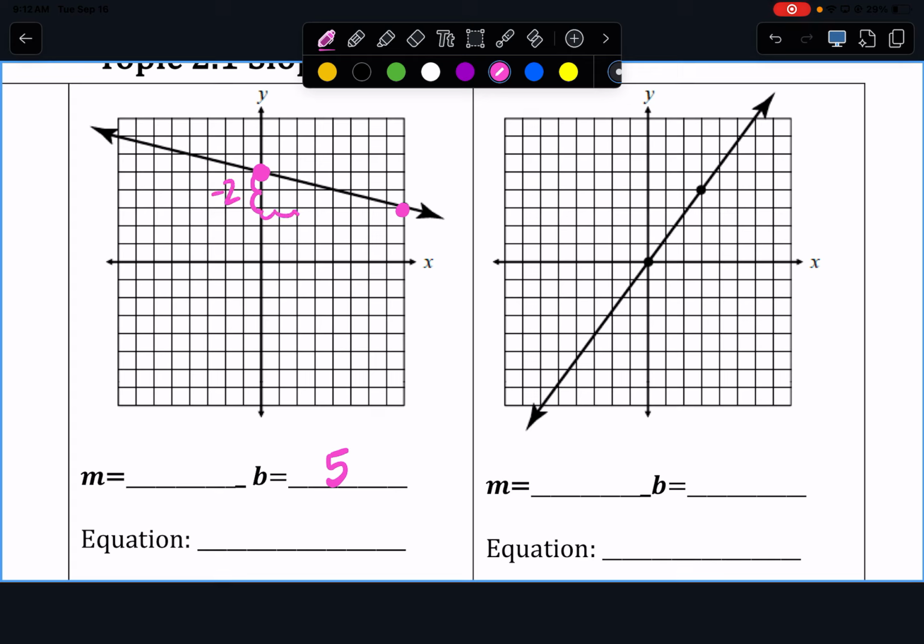And then what's the run? 8. So it will be -2 over 8. Can I simplify that? Negative 1/4. So we get y is equal to -1/4 x plus 5.